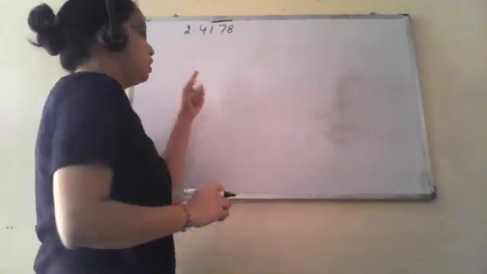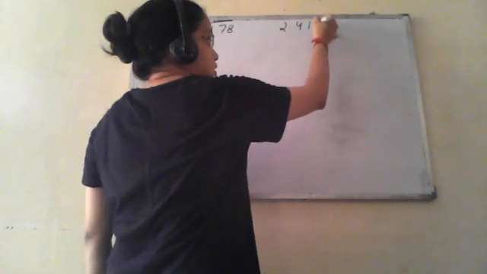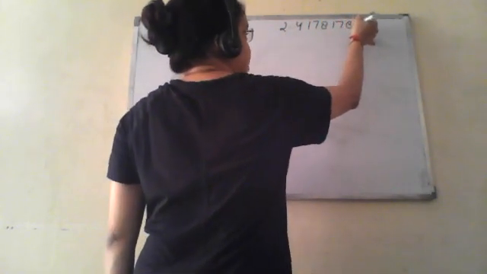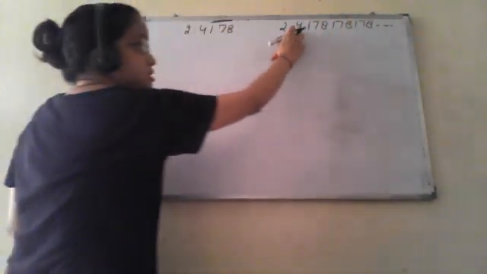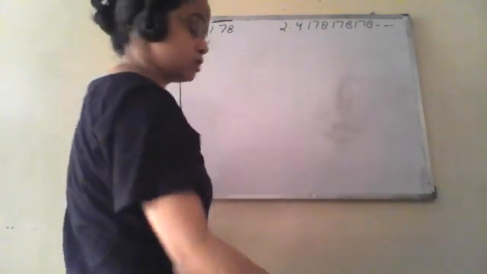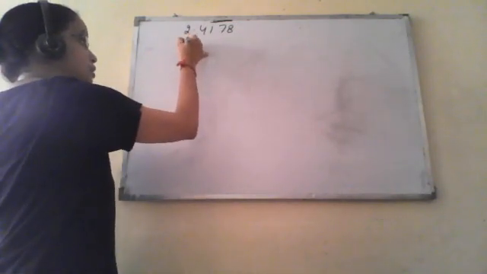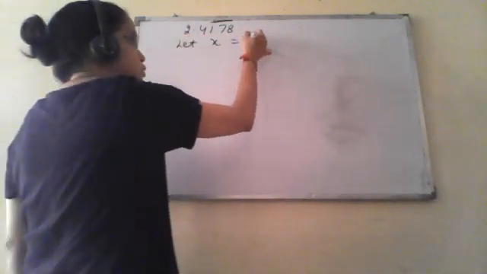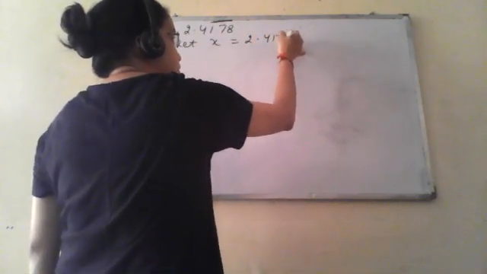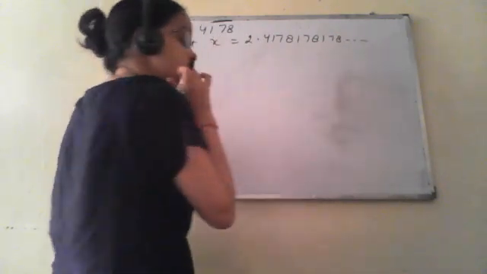That means if we write this out, it will be 2.4178178178 and so on, because this 4 is not repeating, a bar has not been put on this 4. So as usual, we will assume this equal to x. Let x equal 2.4178178178 and so on. We will name this equation number 1.